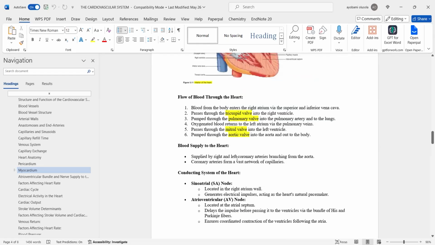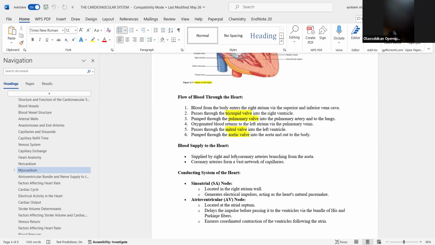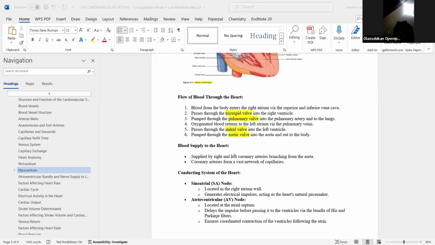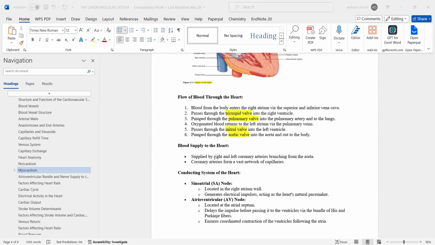So the heart itself needs blood because it is also an organ. If the heart is not getting oxygenated blood, there is a problem. So the artery that gives the heart its own oxygenated blood is called the coronary arteries. Okay, coronary arteries. Have you heard of CAD before? Coronary artery disease.